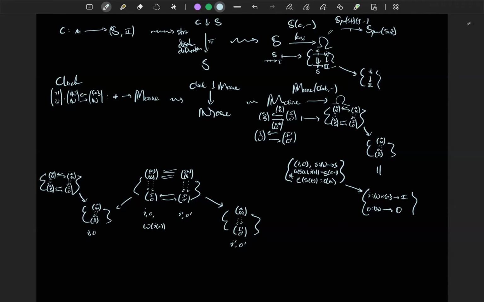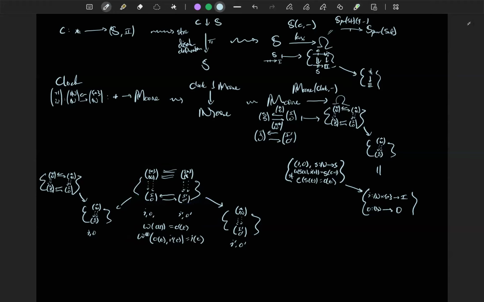W of O of t is equal to O prime of t, and W sharp of O of t, I prime of t is equal to I of t. And the reason it's the same t all the time is because we have this identity in the back here. So again, this is just what it means for this to be a square in the double category of lenses.